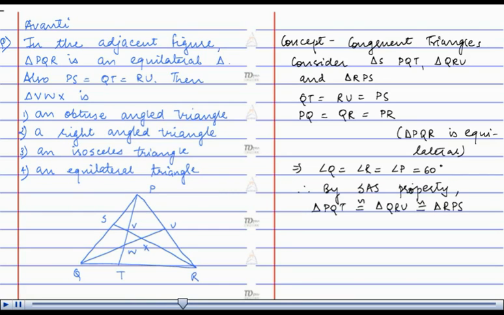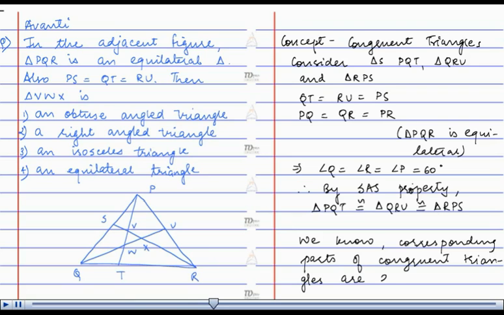Now, we know that corresponding parts of congruent triangles are equal.